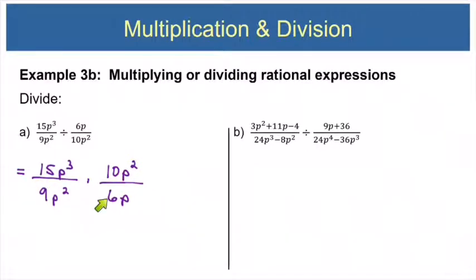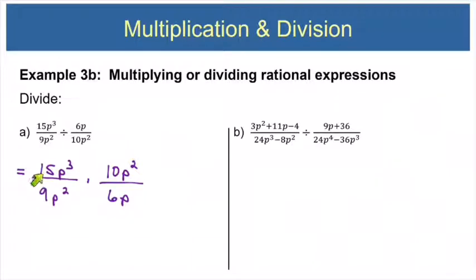So I could do it either way, but notice that if I use the 15 and the 9 together, then I can use the 10 and the 6 together because both of these can be divided by 2. But if I divide out the 3 with the 15 and the 6, then I won't be able to do anything with the 10 and the 9. So it's better to use the 15 and the 9 together.